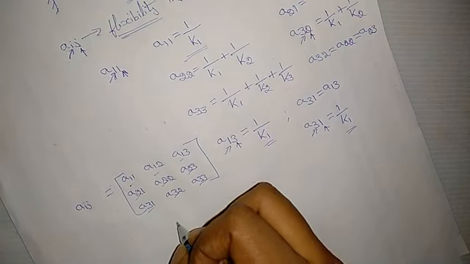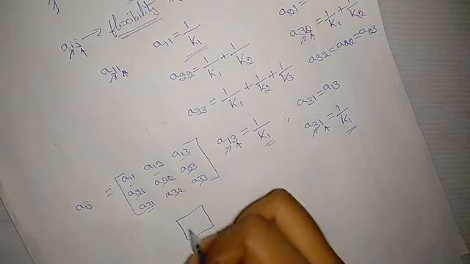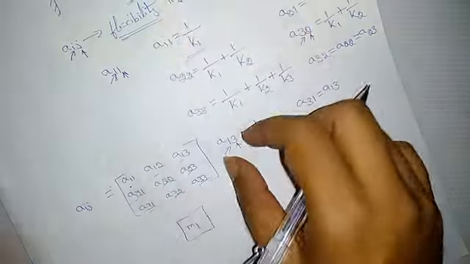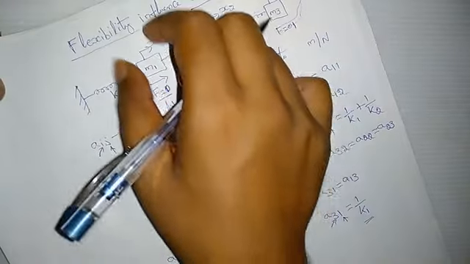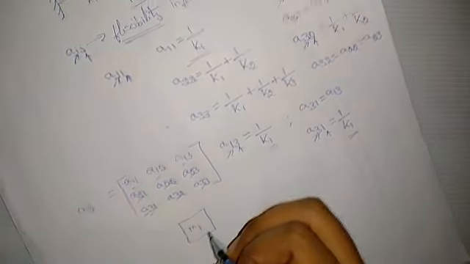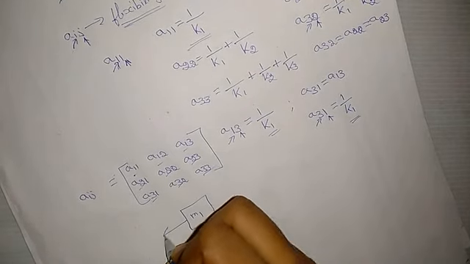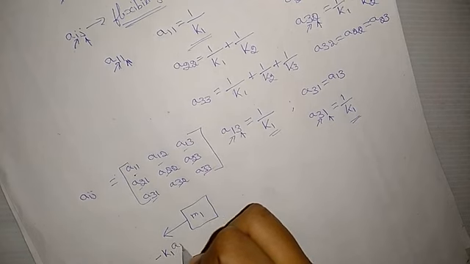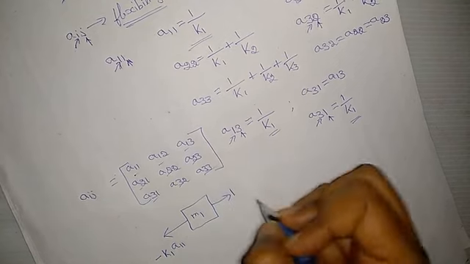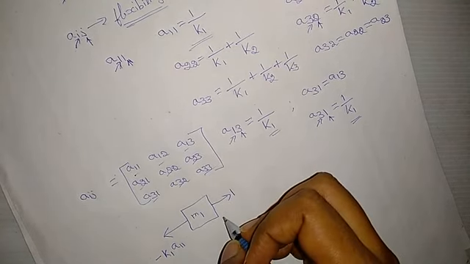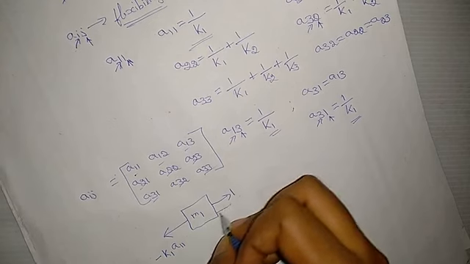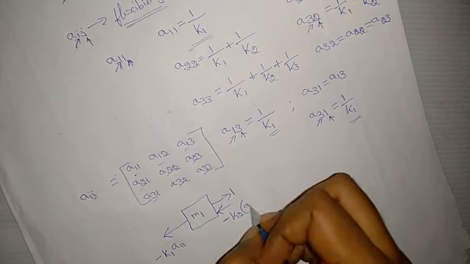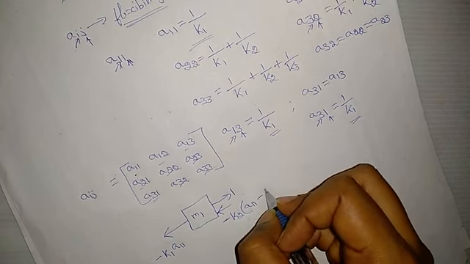we'll draw the free body diagram for the first mass, M1. This would be minus K1 A11, and a unit load is applied on this side, and this would be minus K2 into (A11 minus A21).